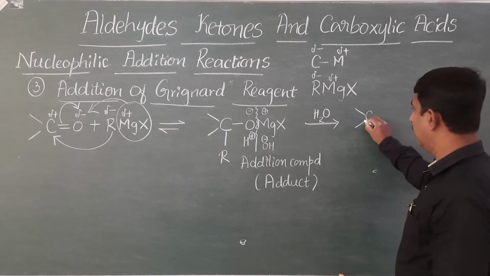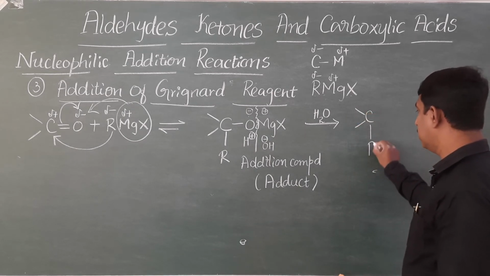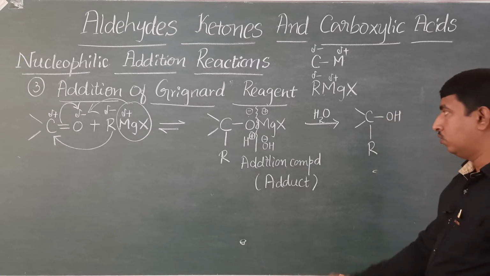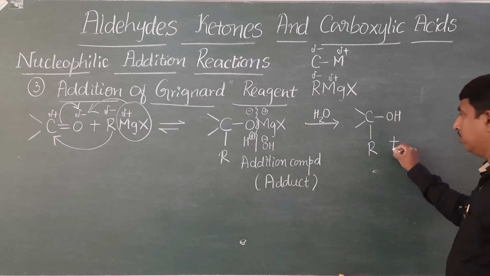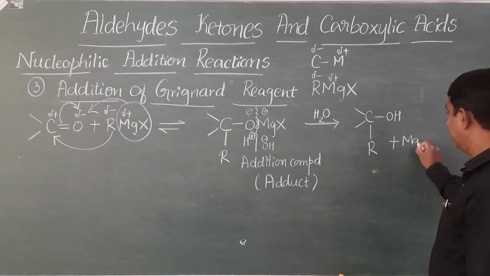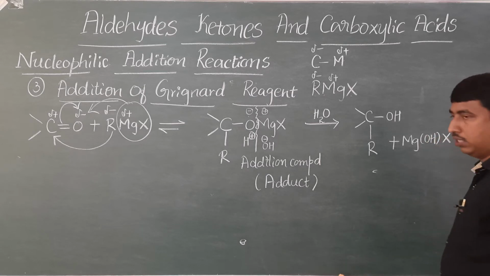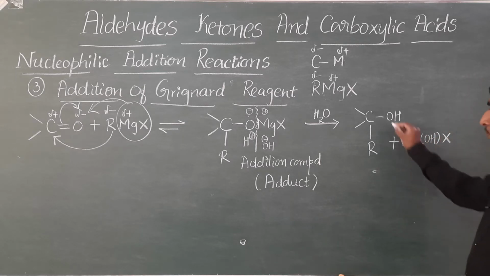So I can write the product like this. It is single bond OH. The side product or byproduct formed will be MgOHX. Now what is this?